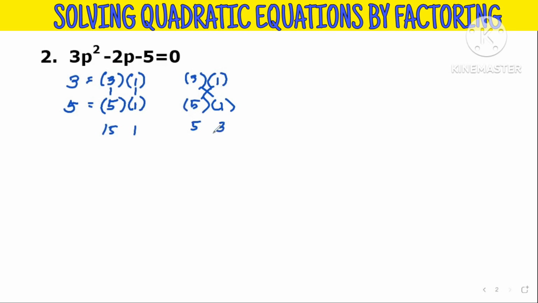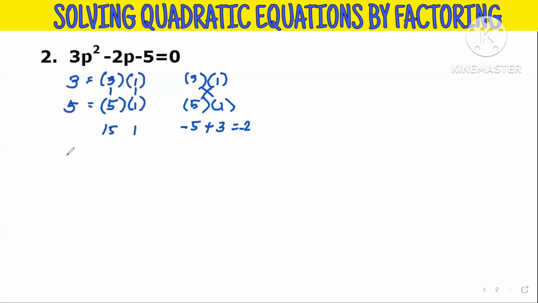So that when I subtract 3 from 5, that would give me a difference of 2. No, di ba? Now, look at the middle term. The middle term is negative 2p. So, dapat negative 2 ang difference natin. So, to make it negative, dapat si 3 ang positive, si 5 ang negative 5. Para maging negative 2 yan, no?